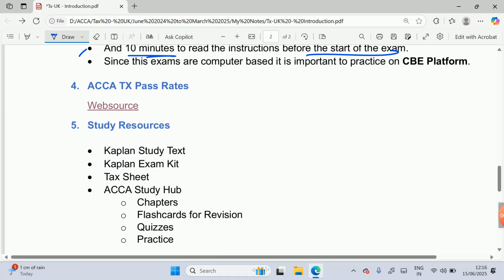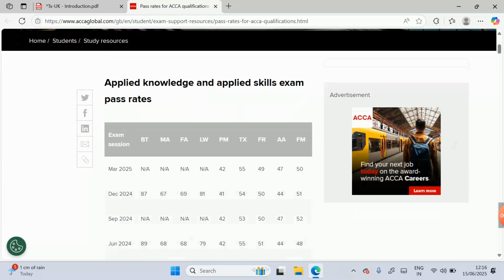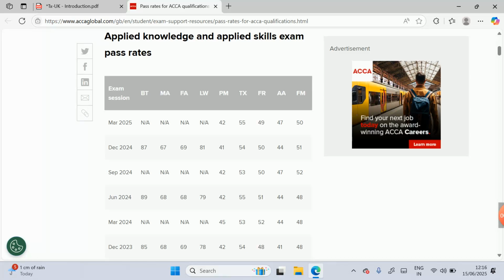Okay, talking about ACCA's pass rates. If you see for TX exams in the previous sessions, the pass rates are more than 50%: 55, 54, 53, 55, 53, and it is usually higher than any other subject of the skill level.